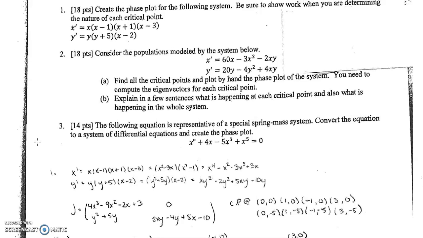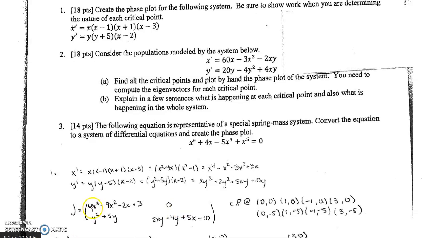So you should get this for your x prime once you FOIL it out, this for your y prime once you FOIL it out, and then your Jacobian is this guy right here, right? Notice we have a 0 there, so everything's going to be triangular. So your eigenvalues and eigenvectors are all going to be the entries along here.